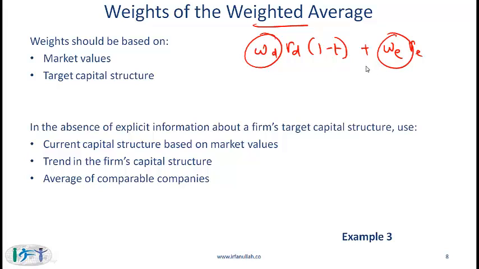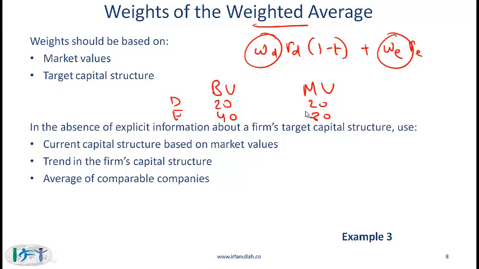From a testability perspective, there are 2 key points to remember. If you are given both book value and market value for debt and equity. So if we have book value of debt is 20 and market value of debt is also 20, but with equity, let's say that the book value is 40, but the market value is 80.